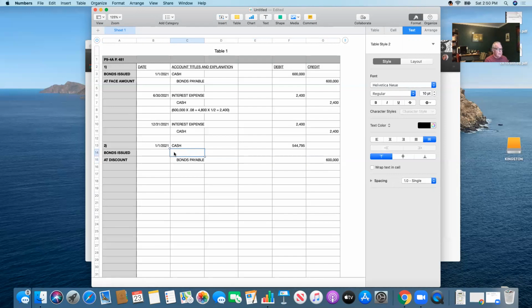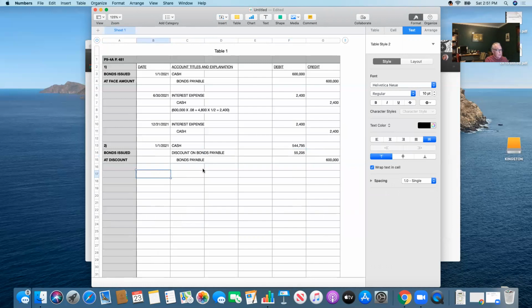That means we need another debit. For debits to equal credits, we need another debit, and that debit is called discount on bonds payable. The difference between 600,000 and 544,795 is about $55,000, $55,205 to be exact.